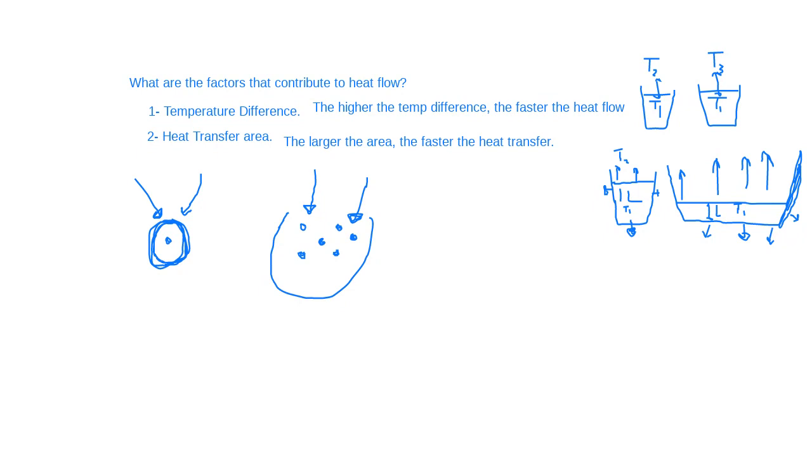So the same concept is actually applied here in heat transfer, guys: if you increase the transfer area, for the same quantity, you will see that the transfer rate will be much faster. There is also another factor, guys, that is very important in heat transfer, and it represents the resistance to heat transfer.